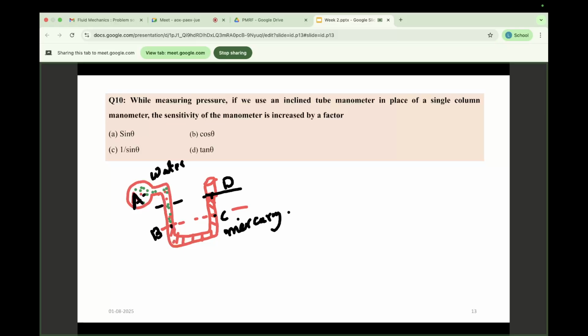Okay. Up to this it is clear or not? Clear. Okay. So how do I have to calculate this? Say the D point is exposed to atmosphere, so pressure at D means pressure of ATM, right?